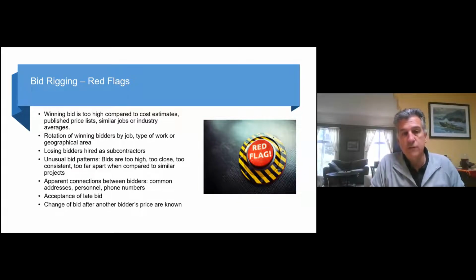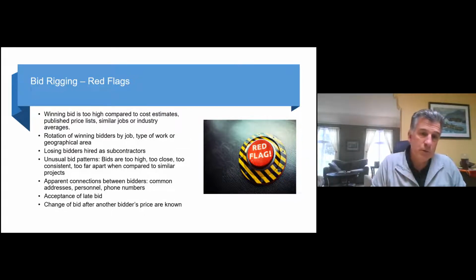Some red flags for bid rigging might include some of the following: winning bid is too high compared to cost estimates, purchase price lists, similar jobs or industry averages and industry standards. And within this, I want to include you guys who are experts in these fields.